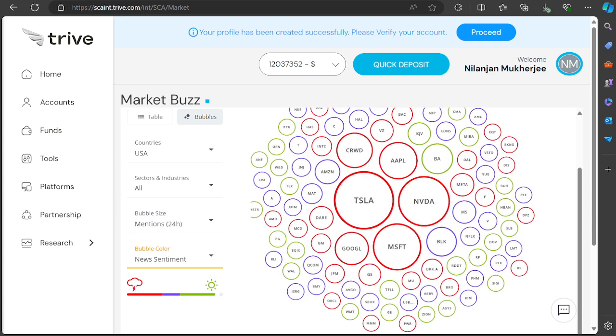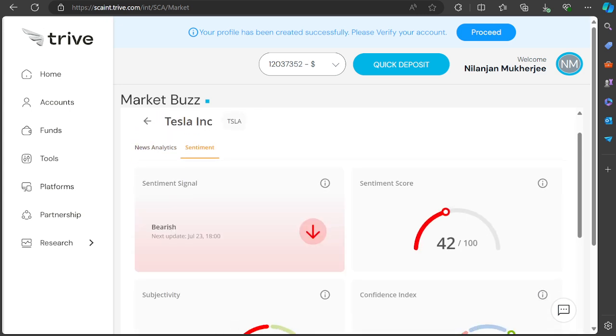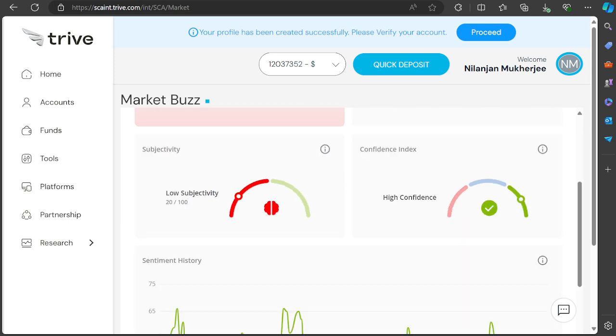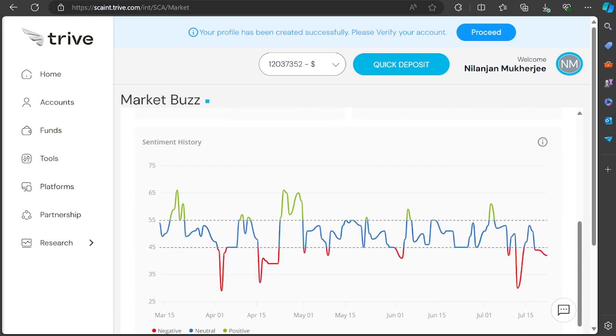Now, suppose we want to look for Tesla. Here you can see the sentimental analysis is saying that for Tesla, traders are majorly bearish. A sentiment score is given, along with a confidence index, like how confident they are in the sentiment, and the sentimental history chart.